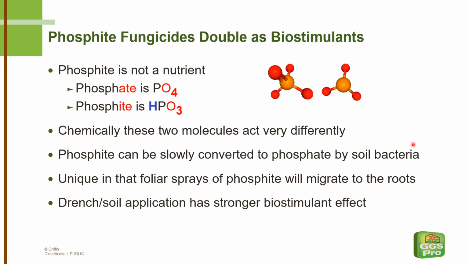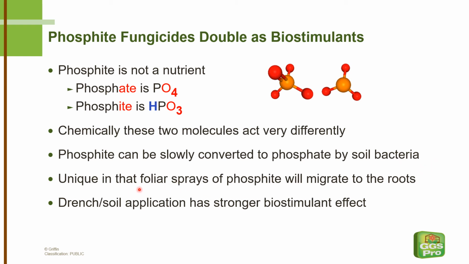In phosphite, one of those oxygens is replaced by a hydrogen, which is not shown in the diagram. So chemically, these two molecules act very differently. However, the phosphite can eventually be converted by soil bacteria into phosphate, but still it's not a nutrient. That is not usually relevant in the overall nutrition of the plant.